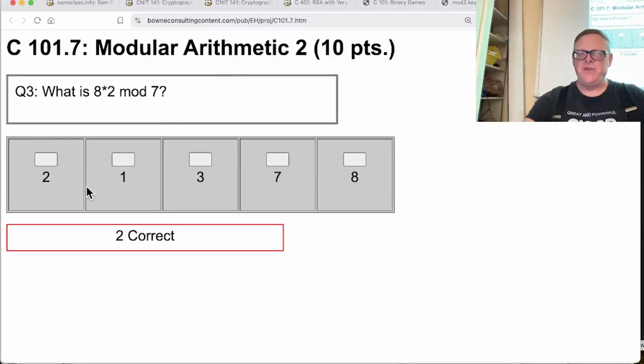That's 2 sevens plus 2. All right, 5 times 2 mod 6.